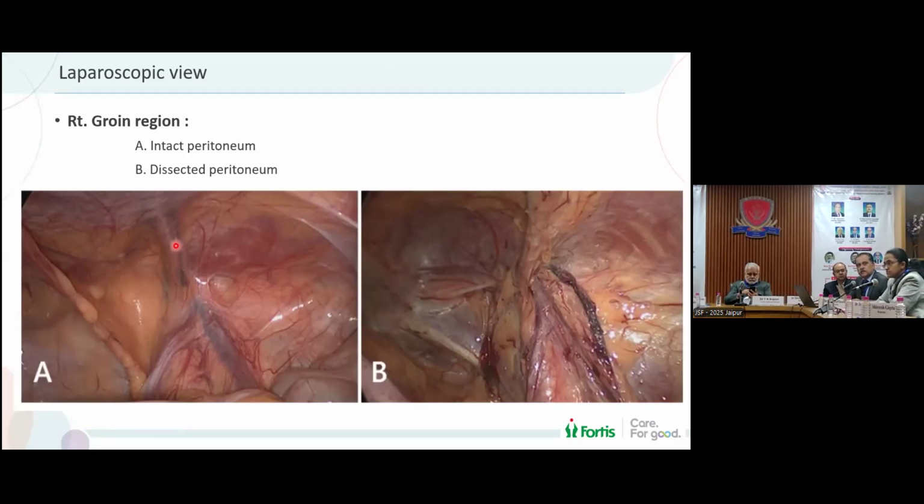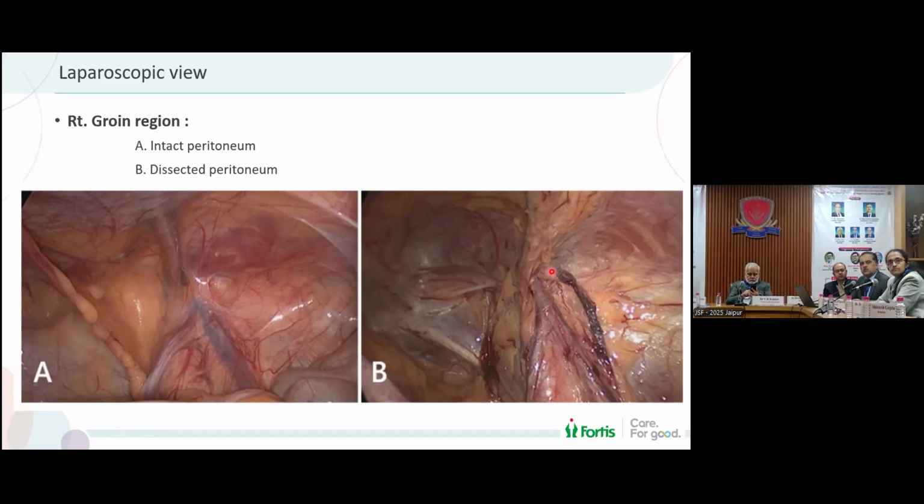We're going to see the inferior epigastric vessels. Lateral to this is the site for indirect hernia, and medial to this is the site for direct hernias. And below that, this is the vas deferens turning medially and the gonadal vessels going laterally and upwards. And this is the medial umbilical ligament, which is the most prominent ligament when we see through the peritoneum.